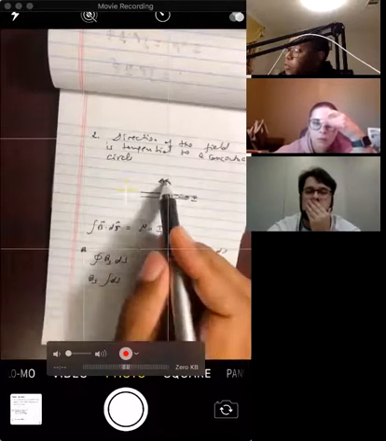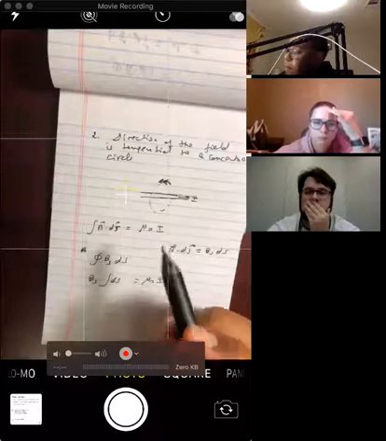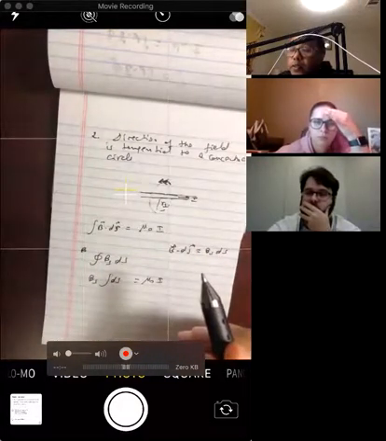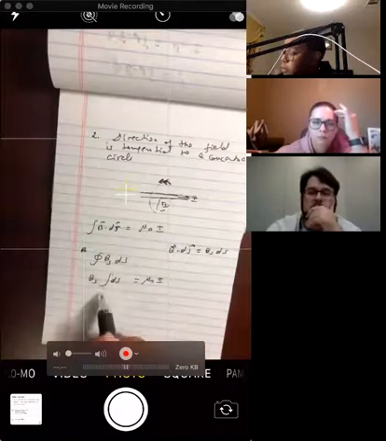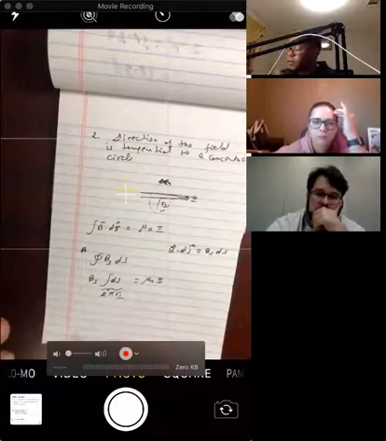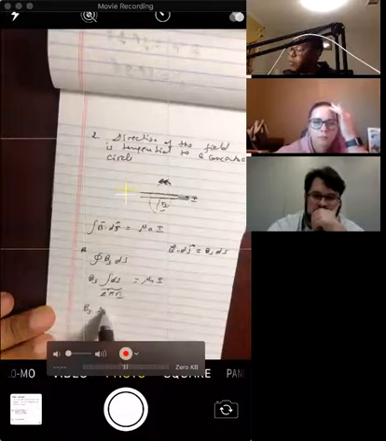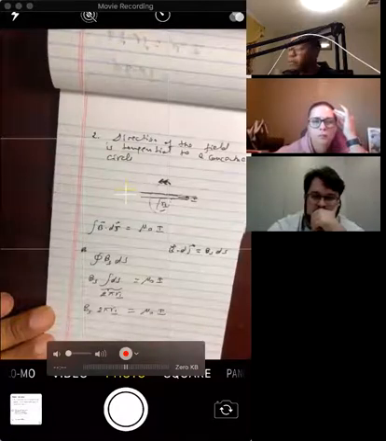If you add up all the ds's you get the circumference, which is 2 pi R perpendicular. So we have the magnetic field times 2 pi R perpendicular equals mu naught times current.